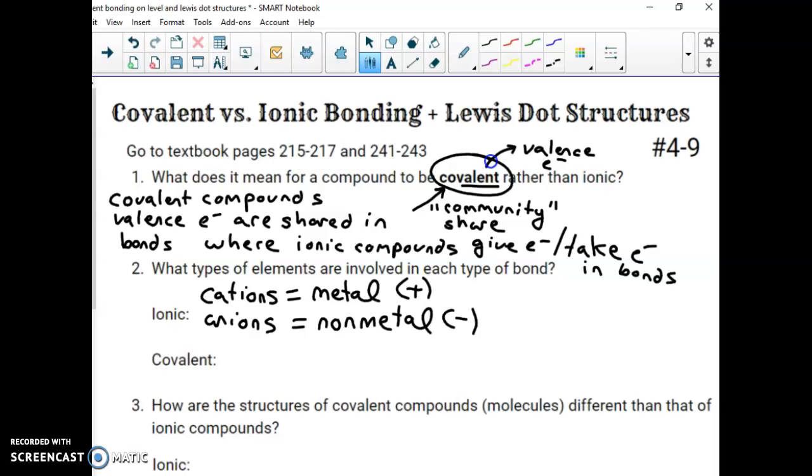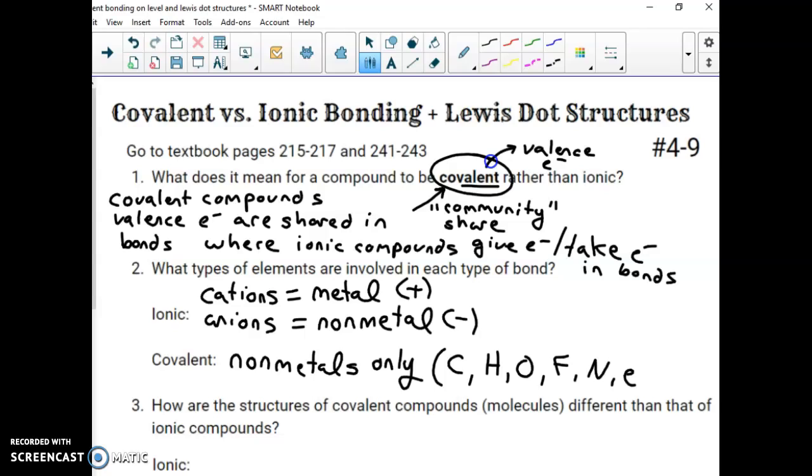In covalent compounds, there's no charges involved. We're sharing the electrons, nothing's permanently positive or negative. We're only going to be dealing with nonmetals only. So things like carbon and hydrogen and oxygen and fluorine, nitrogen, etc. Right side of the table.